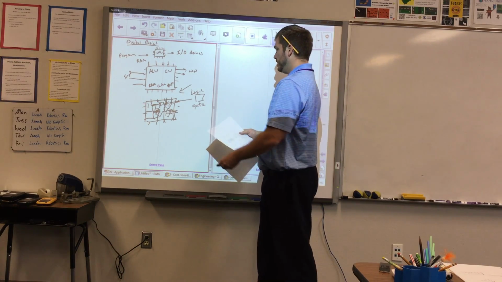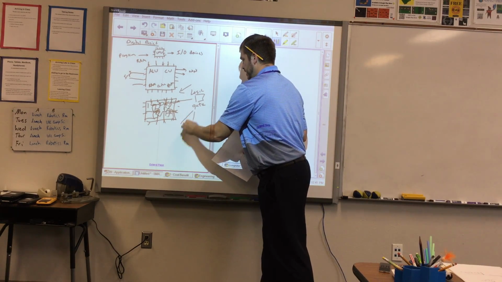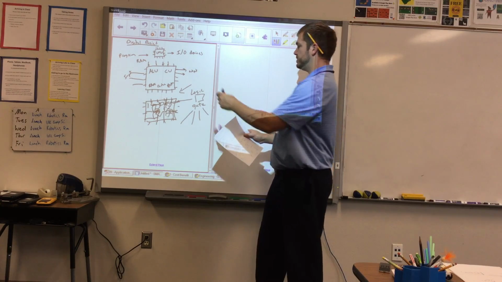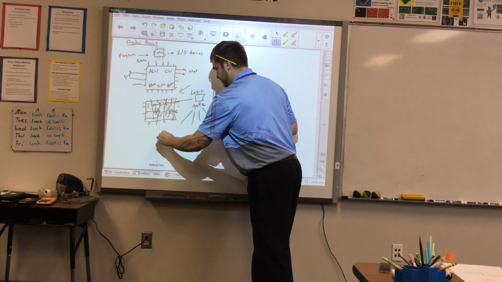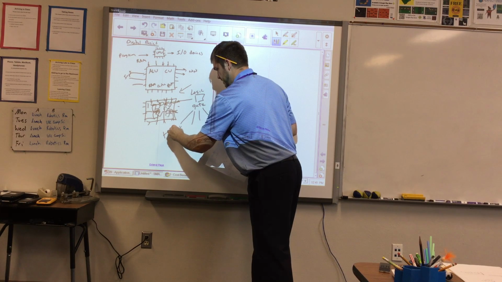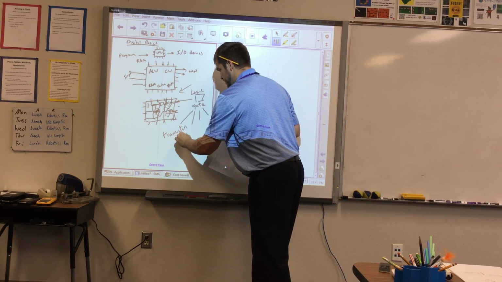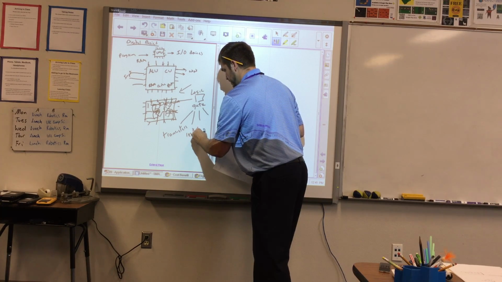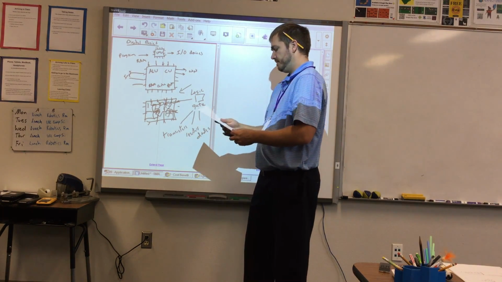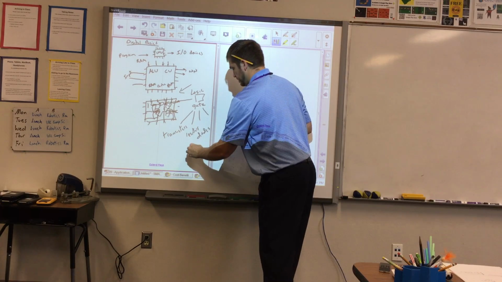All right? Now, the logic gate and other items, if you were to break it down, you would find transistors and resistors and diodes, okay, maybe a capacitor.